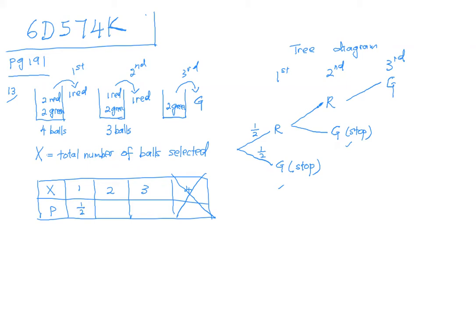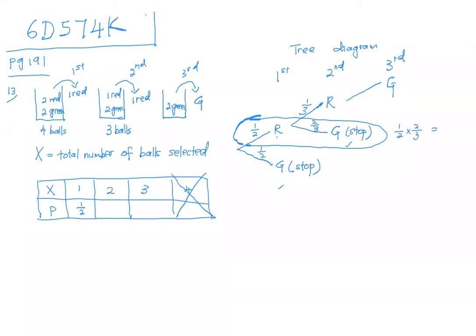Okay. So if the first one I get is red, how many red are left behind? Only one out of 3. Right? So there are still 2 green. So selecting 2 balls, the probability will be half times 2/3.